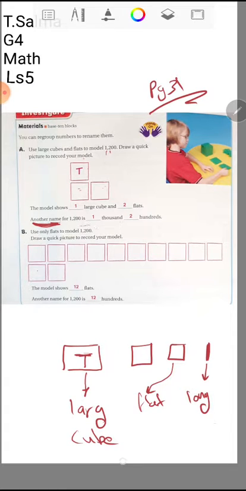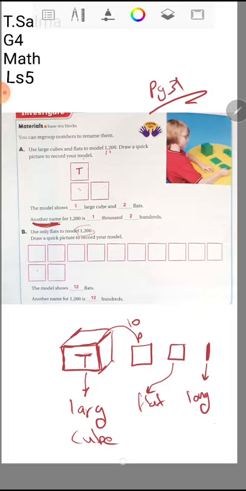to describe this number, you know that to make one large cube, you remember one large cube like this, I need 10 flats, right? So if I want to make one large cube, I have to use 10 flats. So I will model the large cube by using flats.